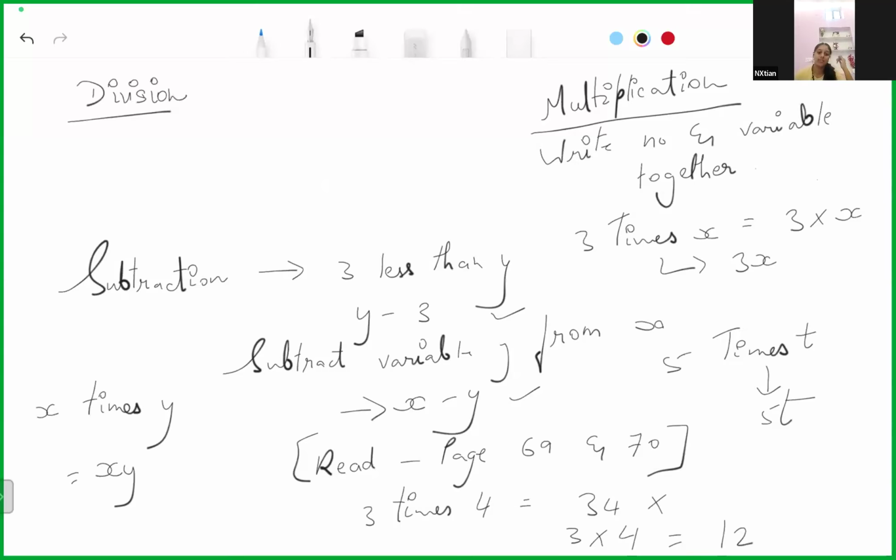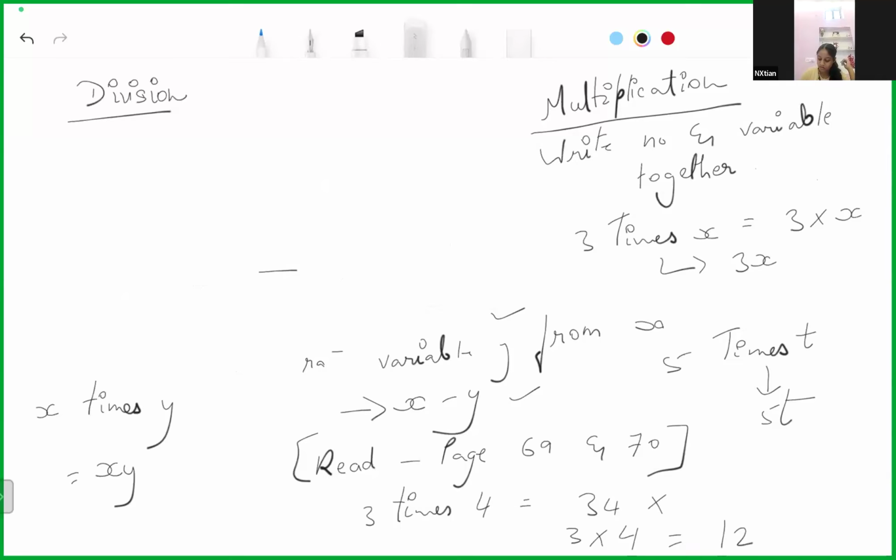Now what happens in division? Ma'am, do we write the division sign or write by, upon? We do upon. In most cases, we do upon. Suppose I have x divided by 6.